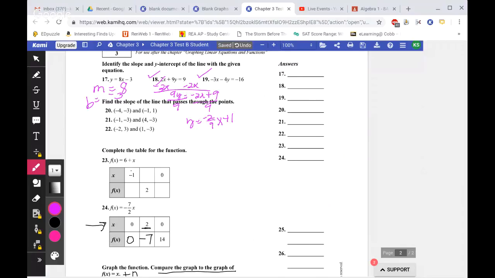Negative y equals -2/9 x plus 1. Did you get that? Yes, ma'am. Okay, so the slope would be -2/9, and the y-intercept would be 1. Yes, ma'am. That's what I got.